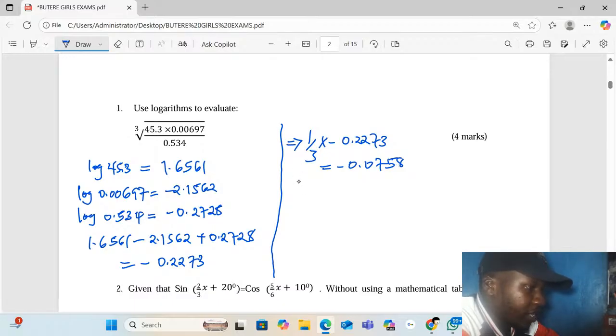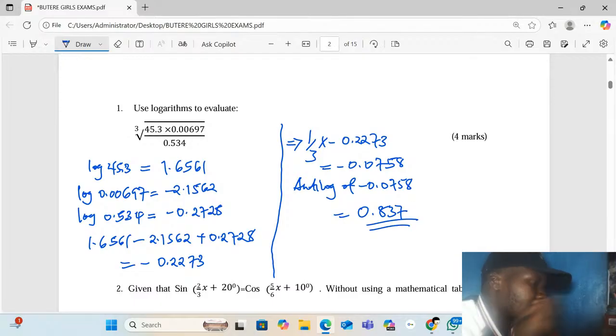Then we look for the antilog of negative 0.0758, so that we arrive at 0.837. So this now becomes our final answer for question number 1.